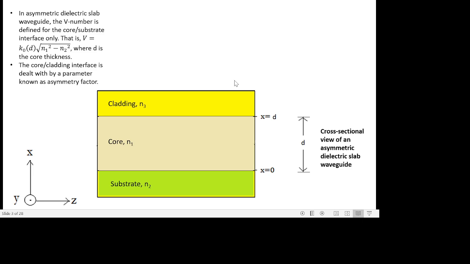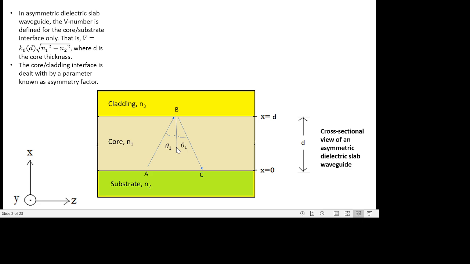Now, take a look at the pathway of the electromagnetic wave, the so-called light. The light can travel from A to B in a non-vertical direction, and once hitting the interface at B, it will get reflected, forming a pathway BC.